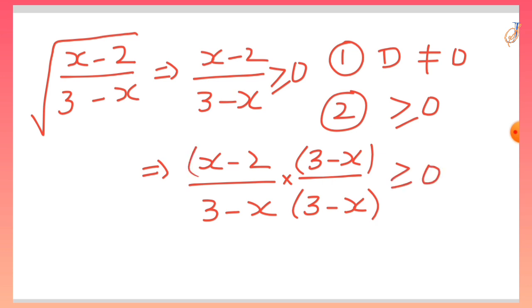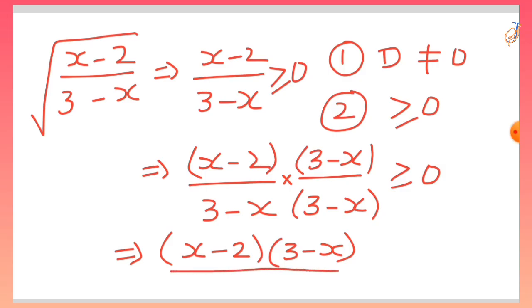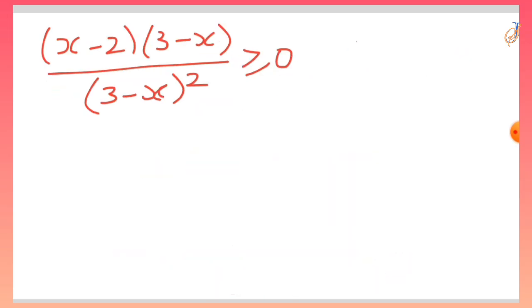So then you get the factors of this function, isn't it? So here the factors are x minus 2, 3 minus x, and in the denominator we have 3 minus x whole square greater than or equal to 0. This is a rational function, that's why you have to take the denominator not equal to 0, isn't it?